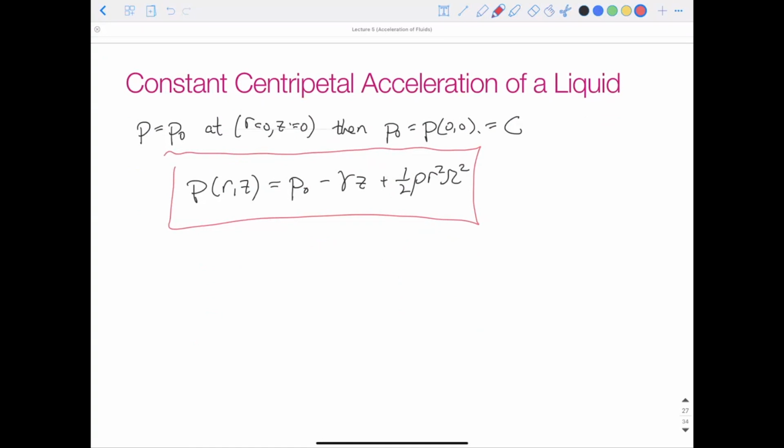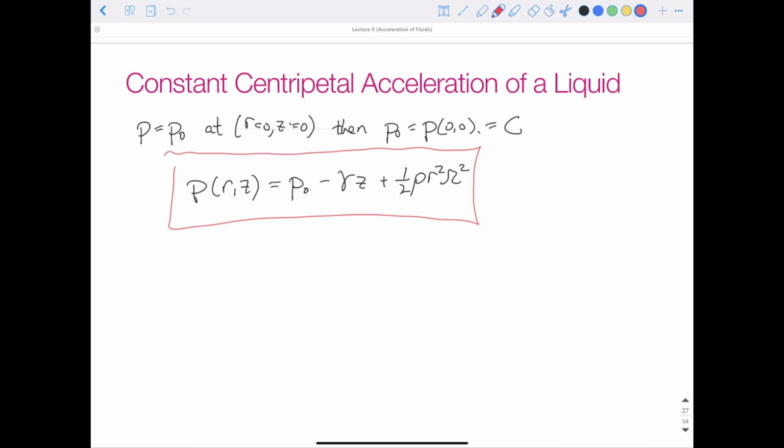So that is the function for our pressure in a liquid that's undergoing constant rotational acceleration or constant rotational velocity, or under centripetal acceleration.